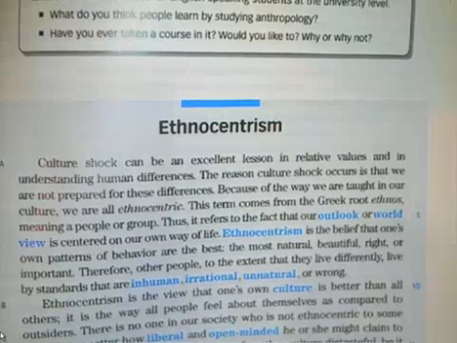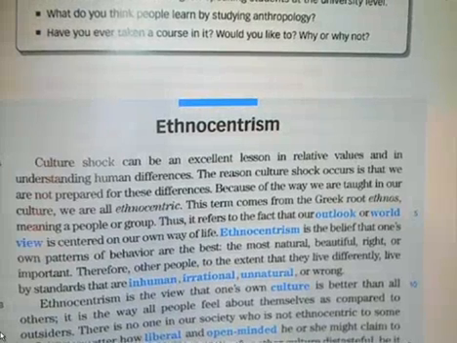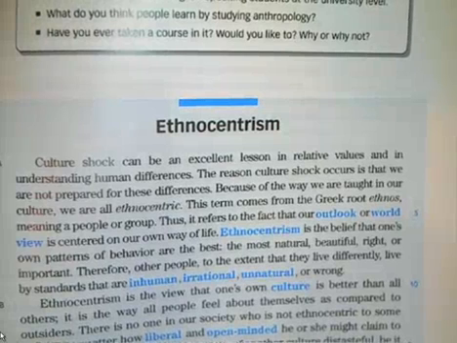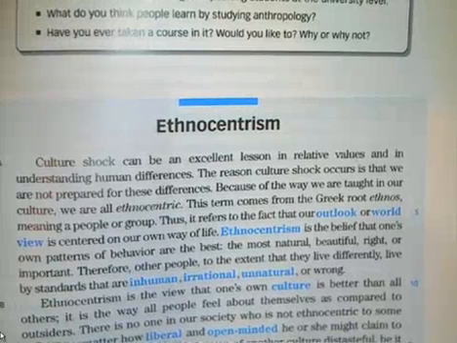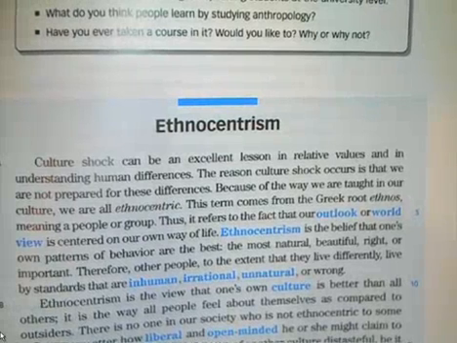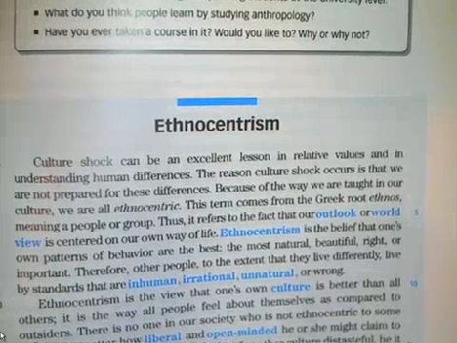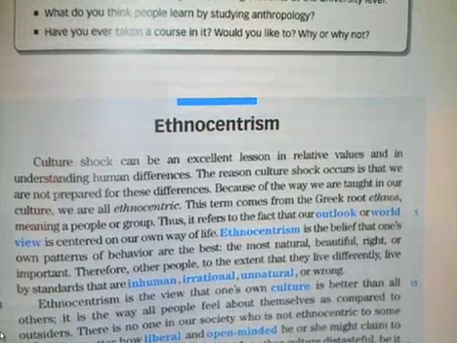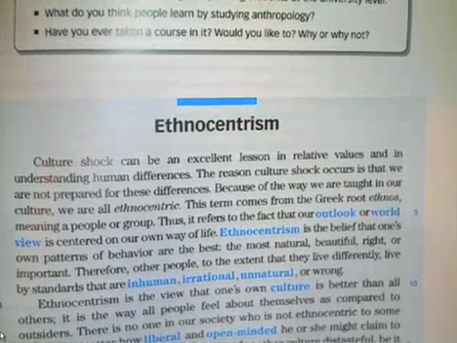So you see now, the definition of ethnocentrism is the belief that one's own patterns of behavior are the best. So if you believe that your practices, your life is the best thing in the world, other people's lives is bad.